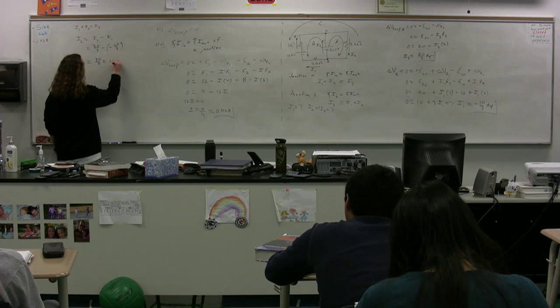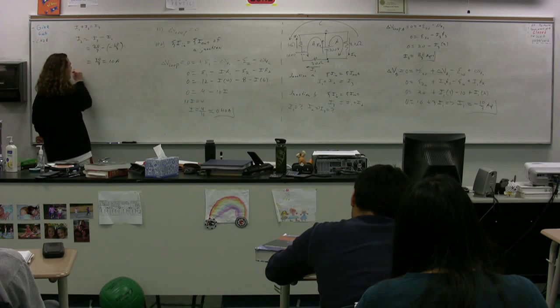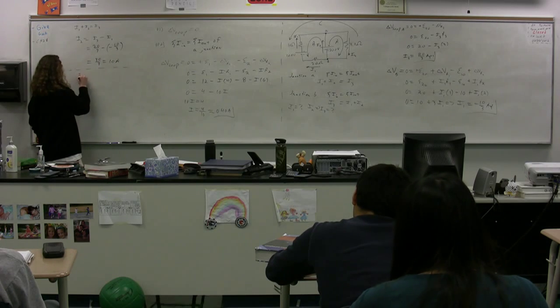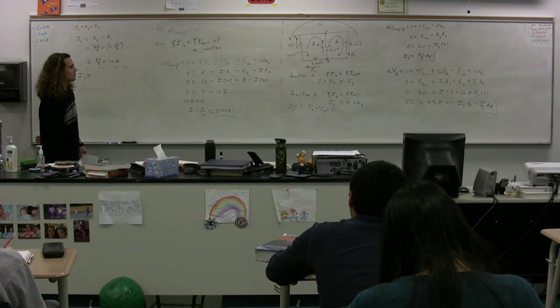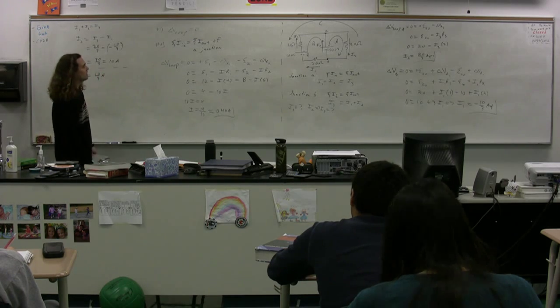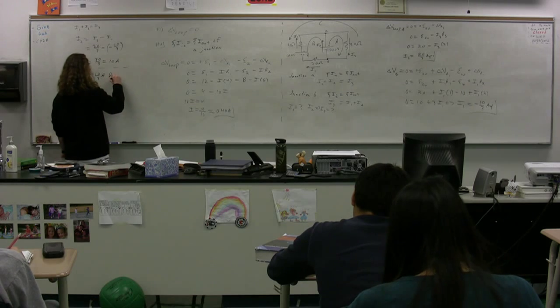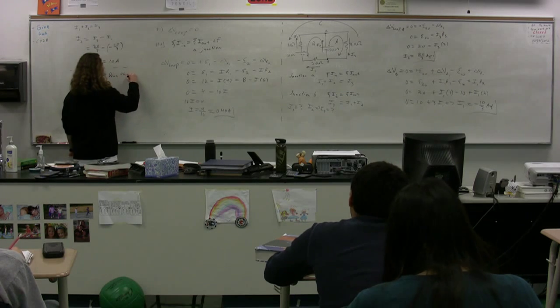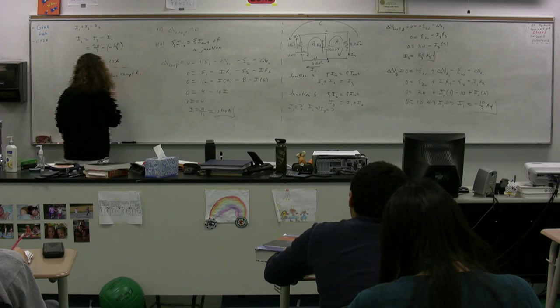30/3 or 10 amps. So our answer is current 1 is equal to 10/3 amps, and current 1 is going down through resistor 1.